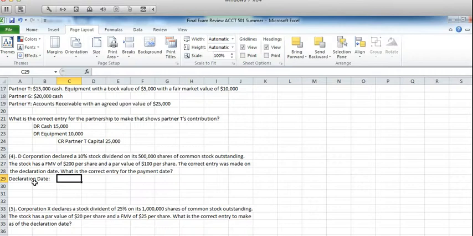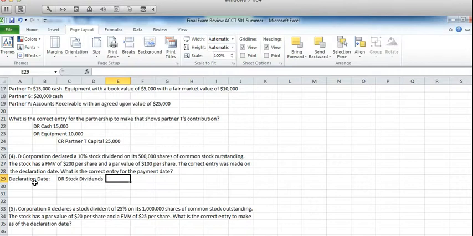Okay, and so when we declare, let's put the debit in there, stock dividends. When we declare the dividend, we are looking at the fair market value. So what would be the current cash value of 50,000 shares of common stock?